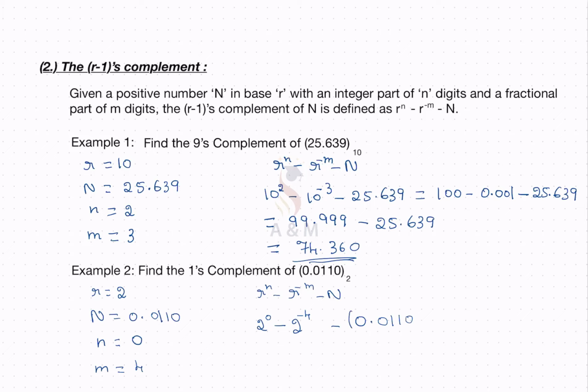Here 0.0110 is in base 2 and 2 to the power 0 minus 2 to the power minus 4 is in base 10. We get 1 minus 2 to the power minus 4 to the base 10 minus 0.0110 to the base 2.